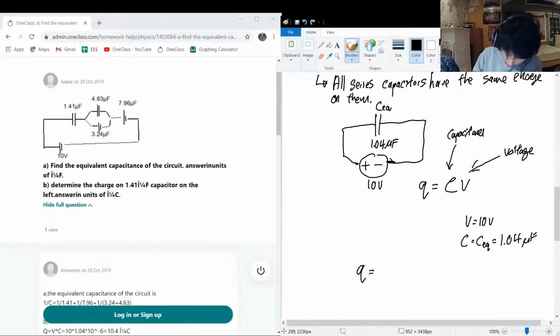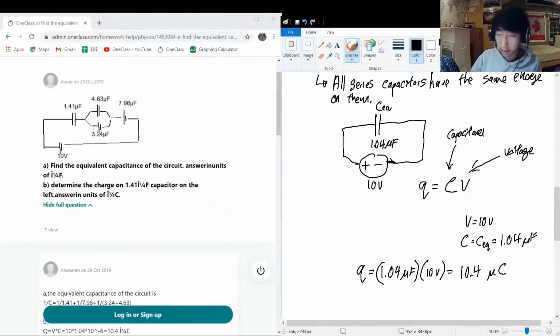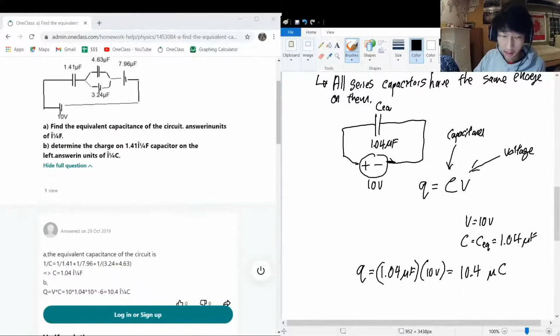So Q is equal to 1.04 microfarads multiplied by 10 volts, which is 10.4 microcoulombs, because the micro stays. That is the amount of charge on it, and because it's in series, the 1.41 is in series with the rest of it, and all of them together have a charge of 10.4 microcoulombs.